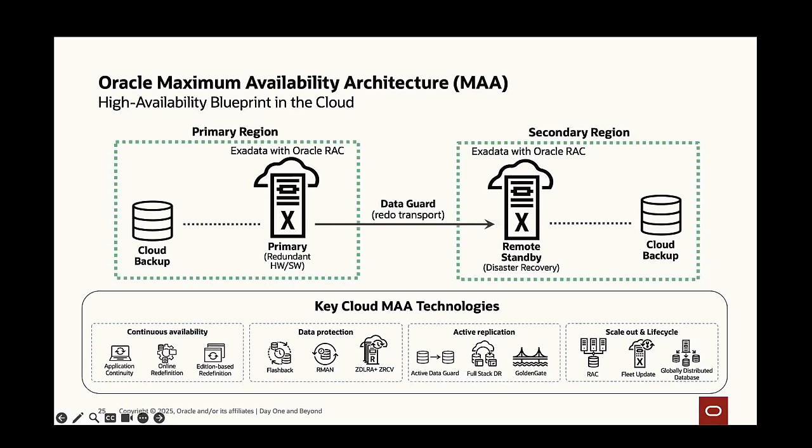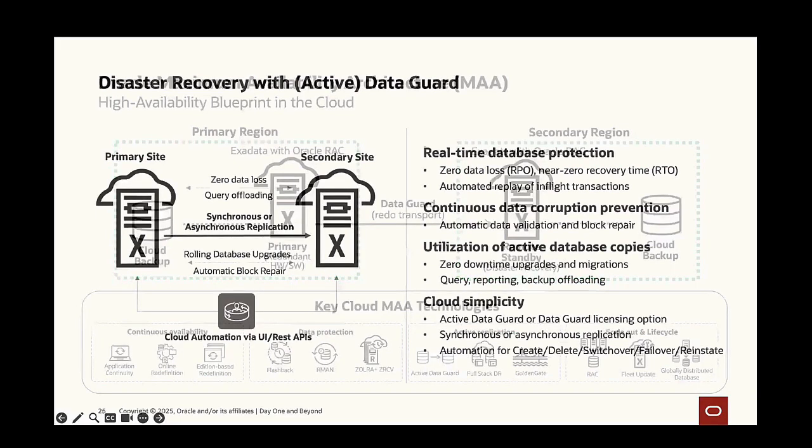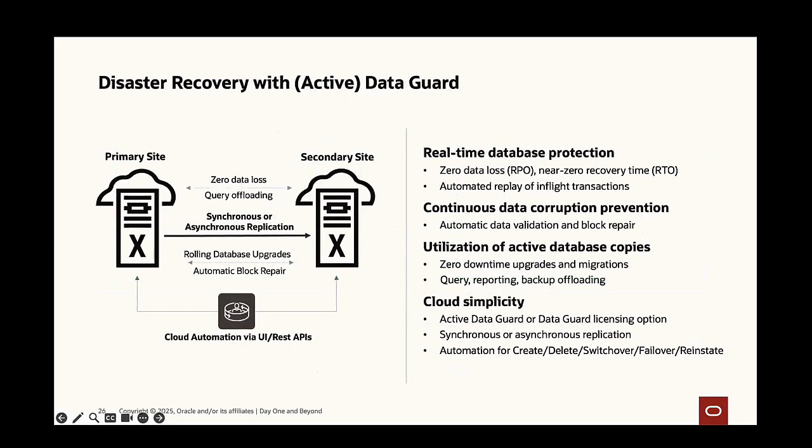You can also employ RAC, like I mentioned, for unplanned failures by spreading across multiple instances. And Data Guard provides real-time disaster protection. Let's say you lose your primary database or data center, you can fail your workload over to the standby site automatically with Data Guard.